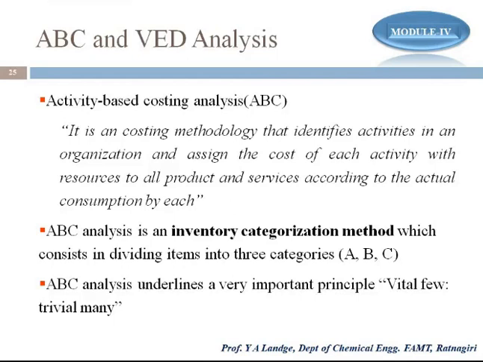So here the ABC analysis is an inventory categorization method, which consists in dividing the items into three categories. We are dividing this into three categories, which are called A, B, and C. ABC analysis is underlain by a very important principle, the vital few and the trivial many.